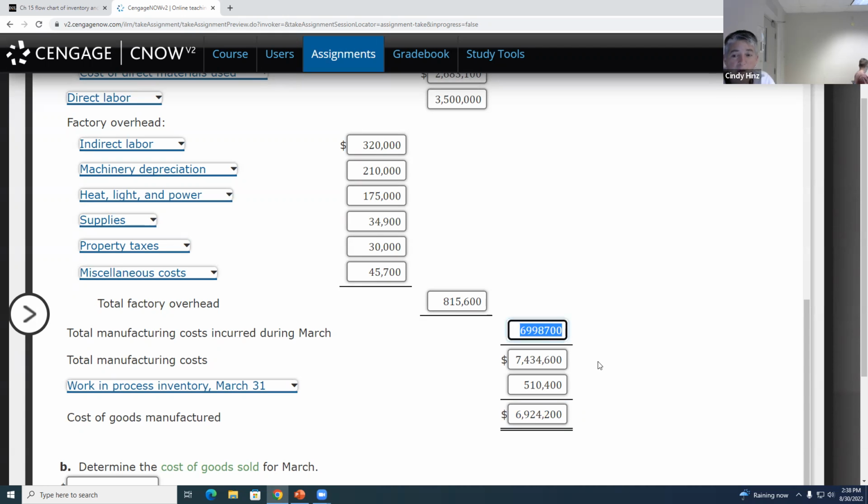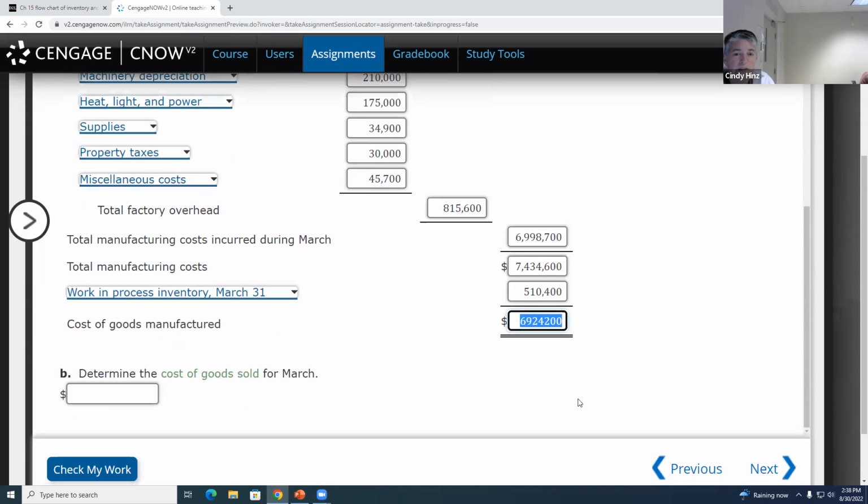We incurred almost $7 million in costs during March, direct materials, direct labor, and overhead, but we didn't finish all of that. The product we finished and moved out of work in process into finished goods was about $6,924,200.